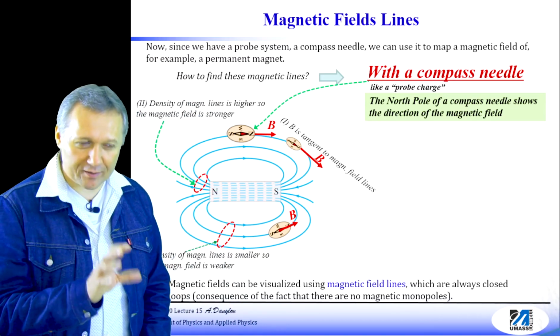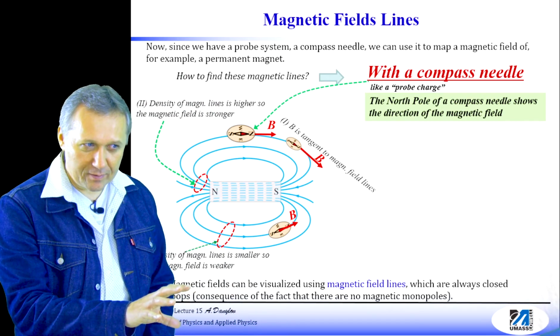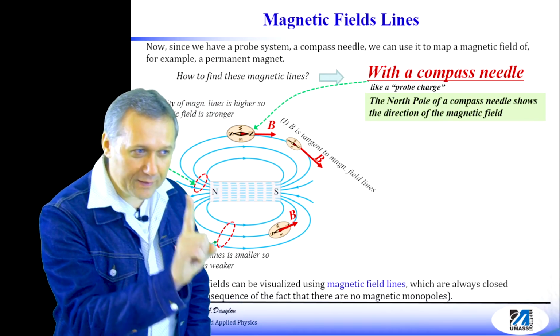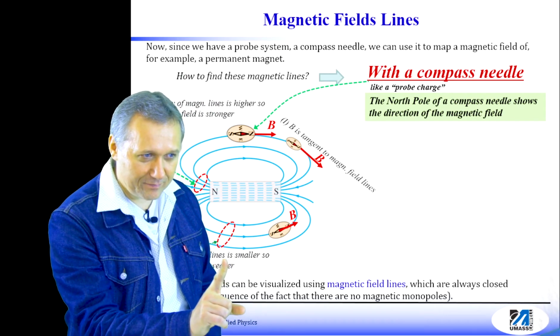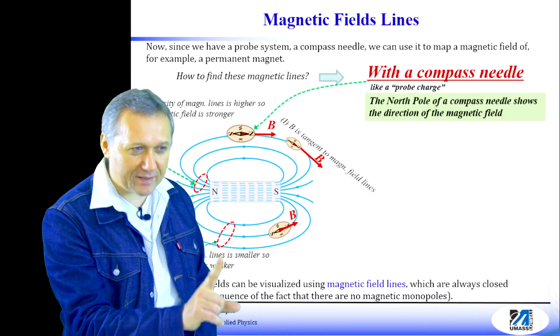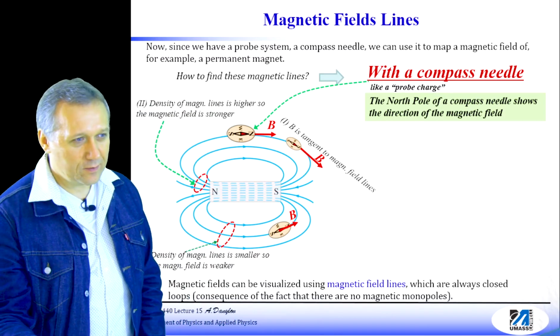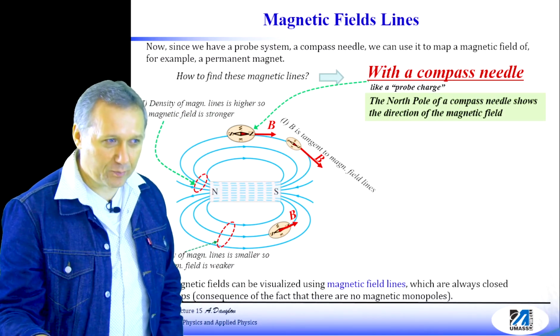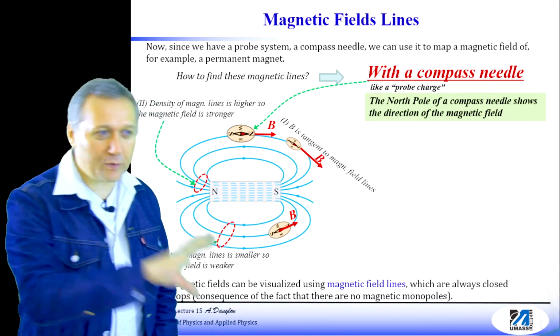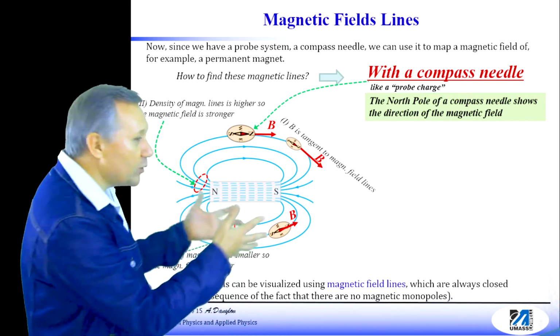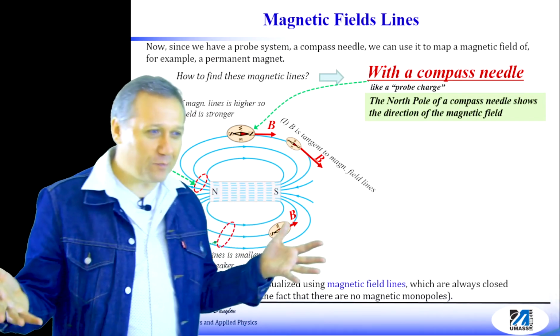All the time they started on positive charges, basically positive electric monopoles, and ended on negative electric monopoles. So you see they started on a monopole and ended on a monopole. But now in the world of magnetism, we don't have monopoles.